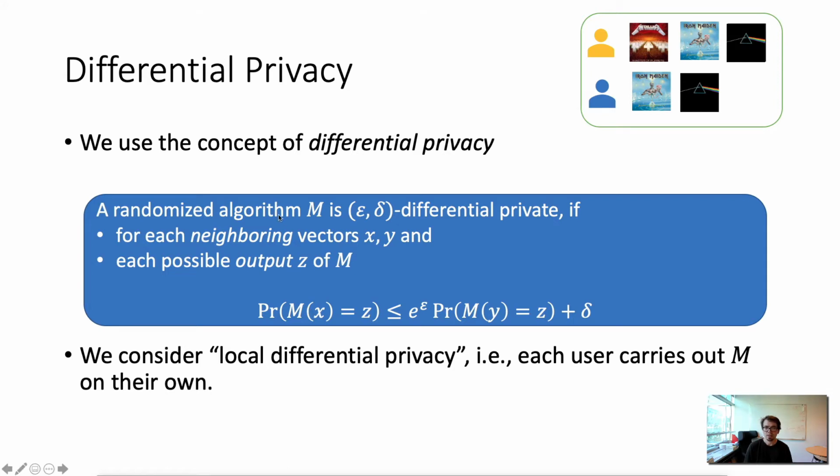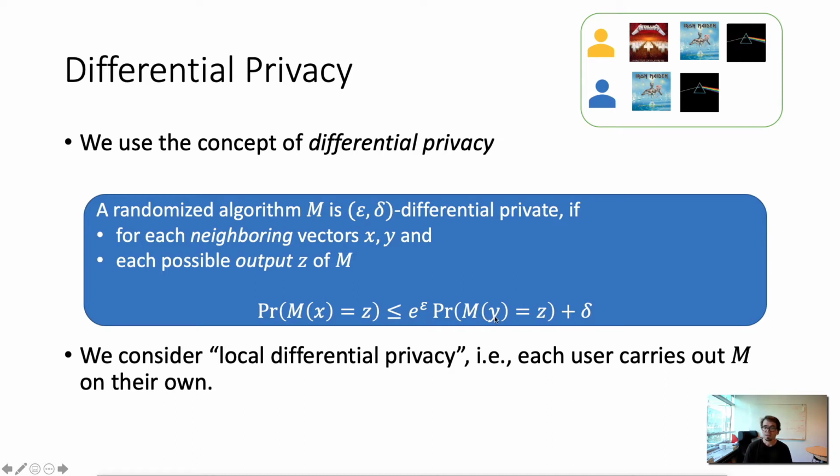We have neighboring vectors, we're going to talk about this in a bit, x, and M produces some output on x. The probability that M produces on x the specific output set should be at most e to the epsilon times the probability that M produces that output on y.